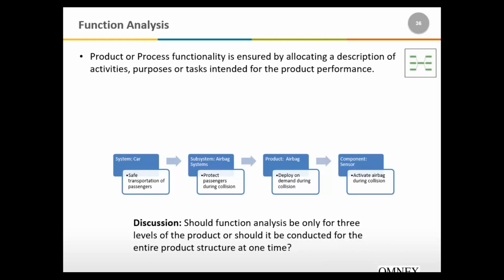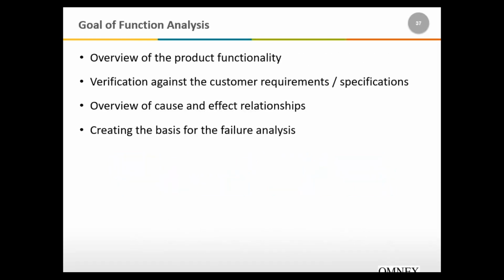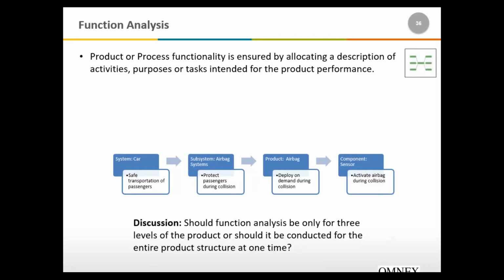However, that may not give you enough information at the very end because the bottom level may have more complexity afterwards, and so it may behoove us to go further on down through the system. So you could do this analysis for multiple levels. Do you have any comment on that, Chad?